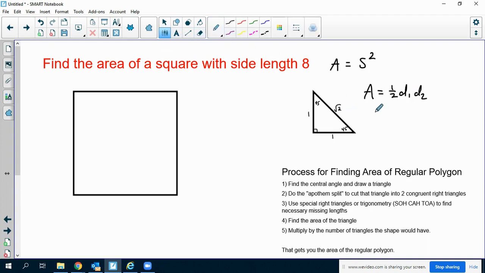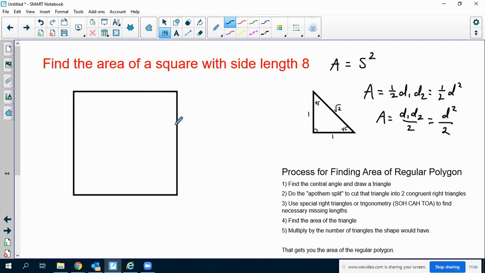You may have seen it as d1 d2 over 2. Now in a square, both diagonals are the same, so it would be 1/2 times the square of the diagonal. So both of these are things that we're going to use, and we may never actually need the process for finding the area of a regular polygon.